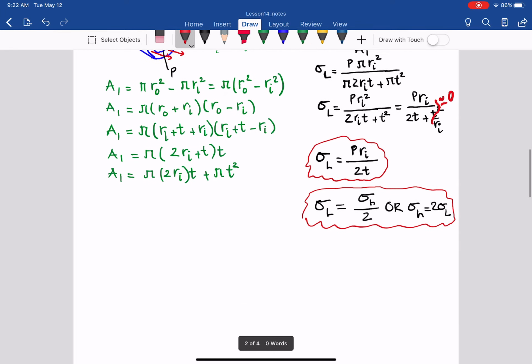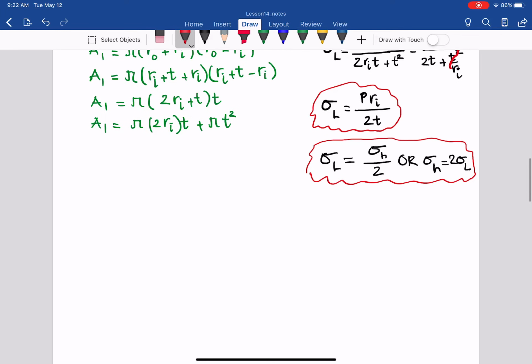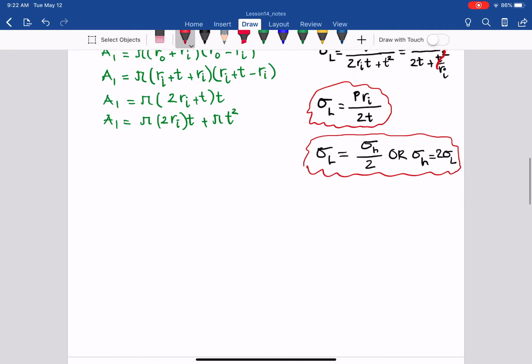And from that, we can determine the state of stress of this cylindrical thin-walled pressure vessel. Go back to the previous lesson on how to draw the state of stress.